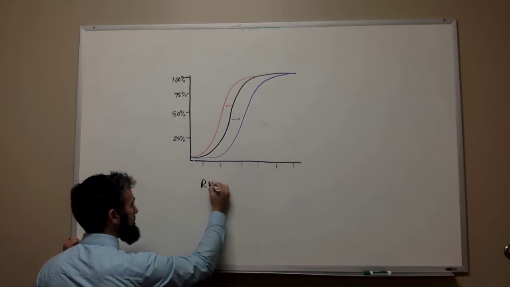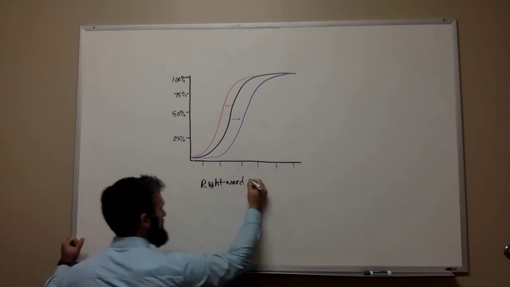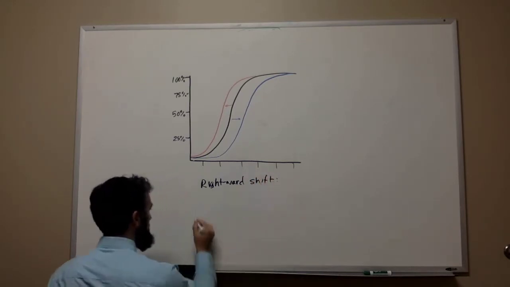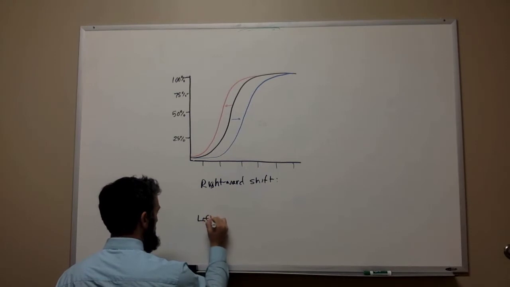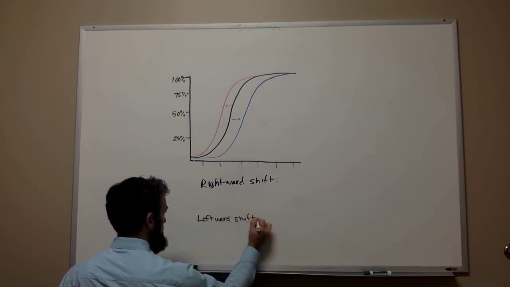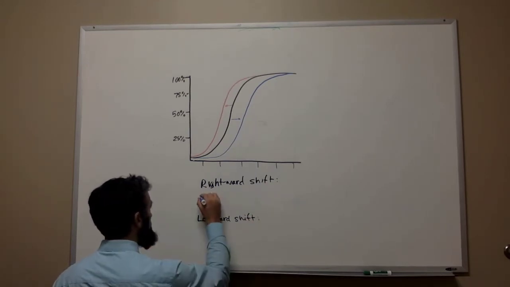To create a rightward shift, we can either increase carbon dioxide, increase hydrogen ions, which is actually a decrease in pH, increase heat, or increase a byproduct of the respiration process at high altitudes.